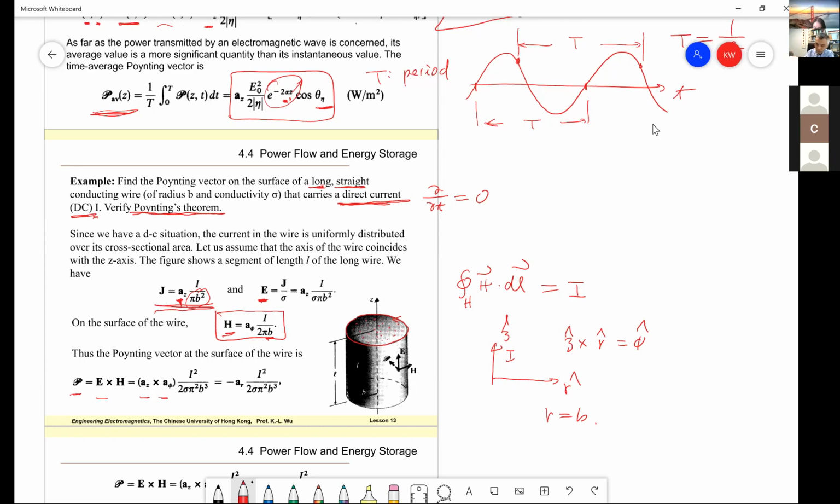So now you see this Poynting vector result.